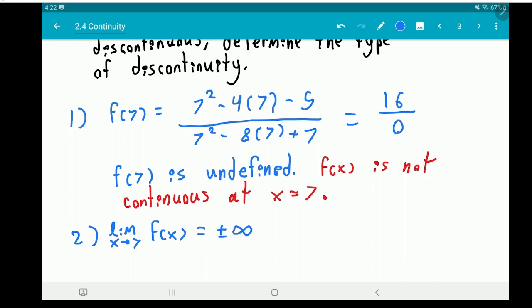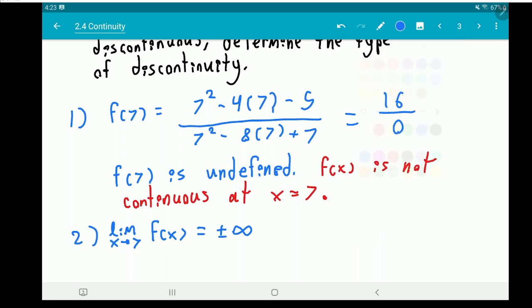We don't know which one, but we know it goes to one of the two, and so then we can automatically conclude it's an infinite limit. And the reason we know it goes to infinity is we have a number over 0 where the top number is not 0. So anytime this isn't 0 and you're trying to divide it by 0 when you take a limit, that automatically means there's some sort of infinite limit thing going on.